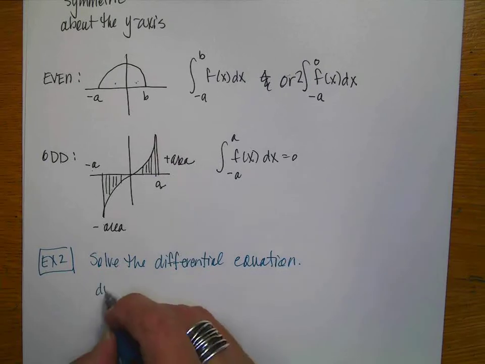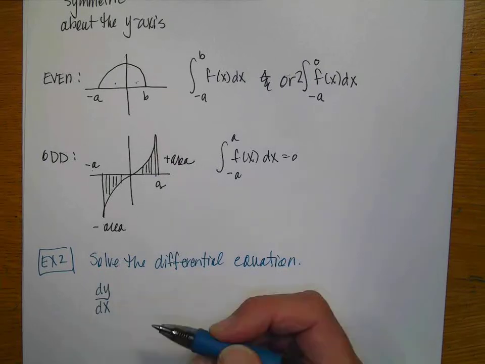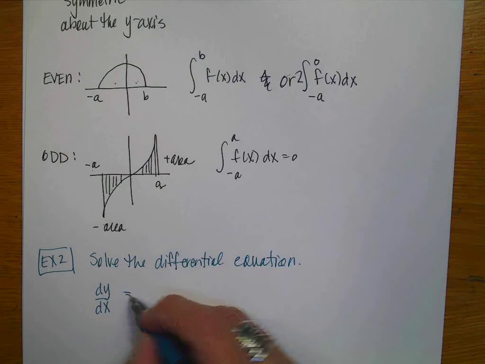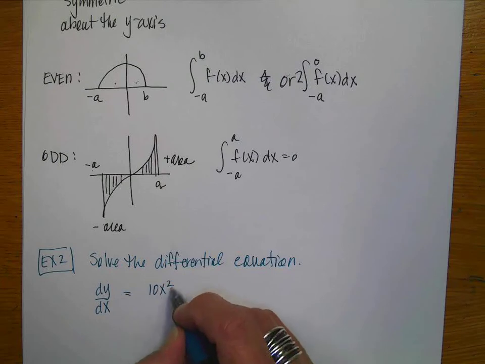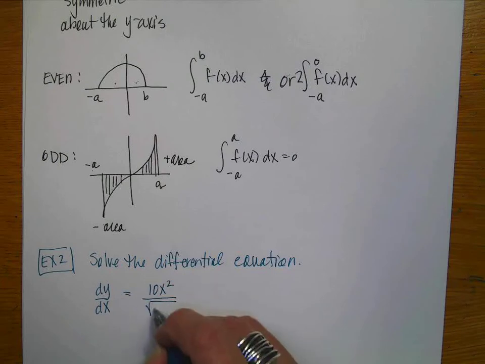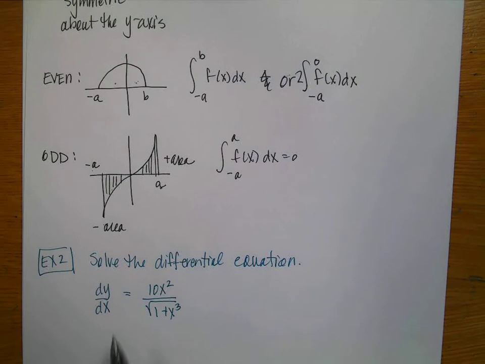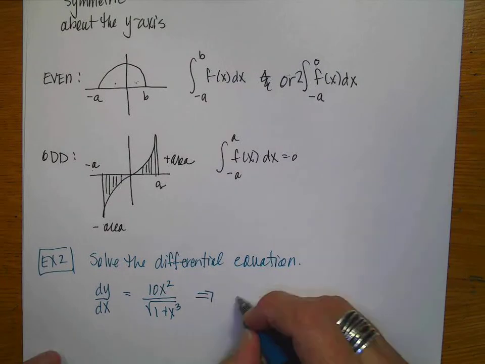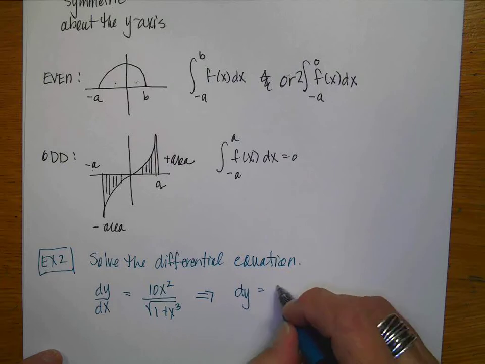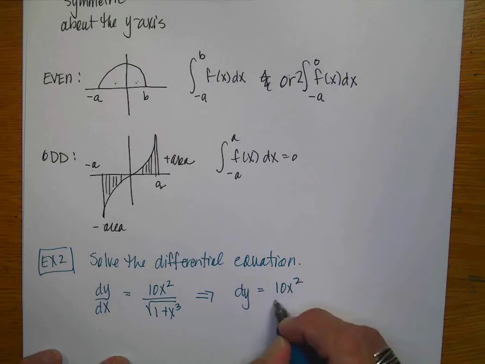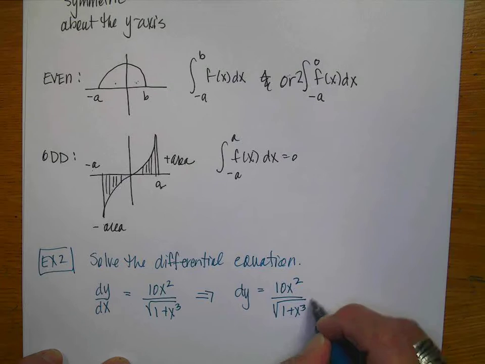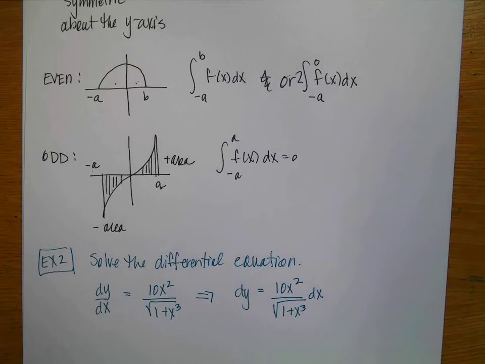So I'm going to be given that dy over dx, remember that is your differential, is equal to 10x squared over the square root of 1 plus x cubed. Okay? To be able to solve a differential equation, I'm going to cross multiply, and so I'm going to get dy is equal to 10x squared over the square root of 1 plus x cubed dx.